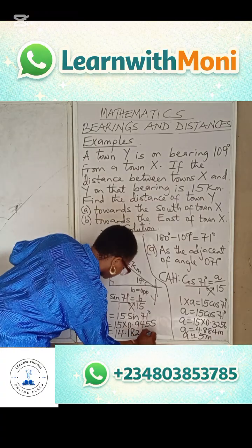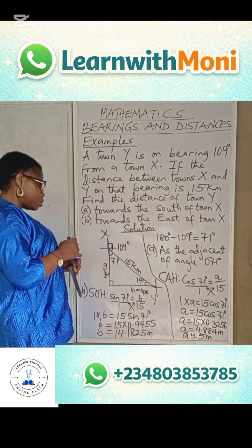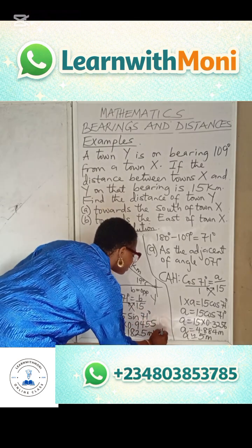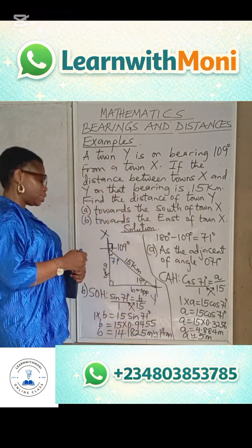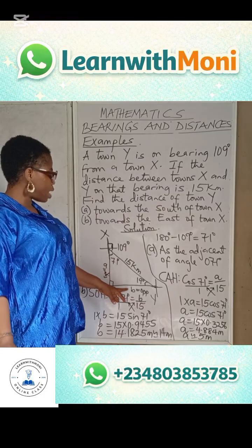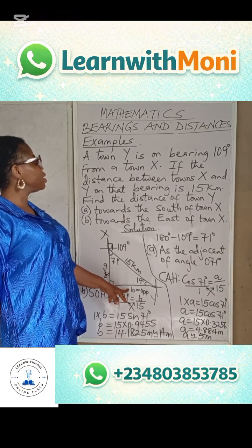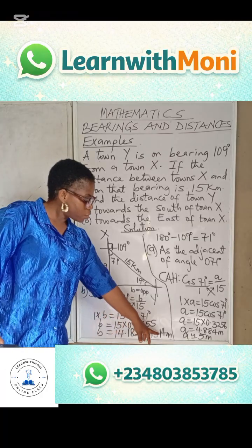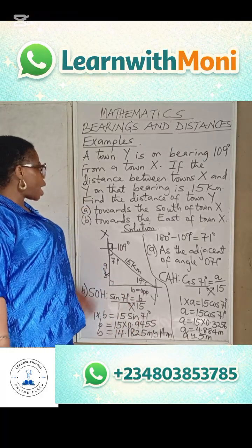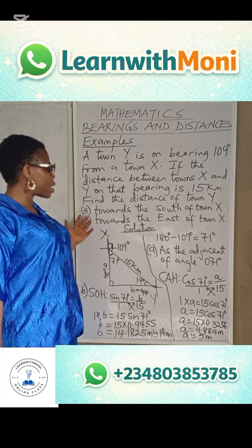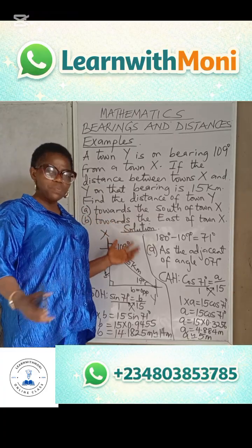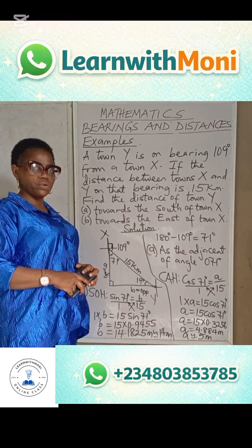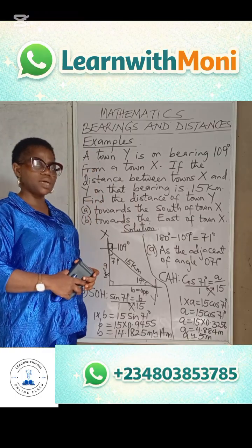If we are to take this to the nearest kilometer, this is going to be approximately 14 kilometers. That is the distance of town Y towards the east of town X, 14 kilometers.